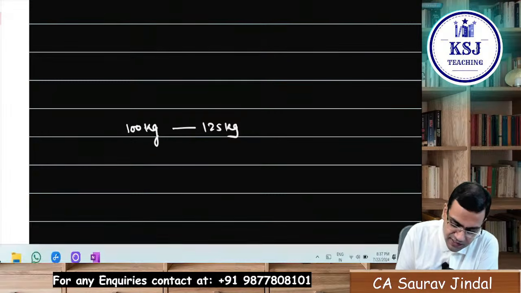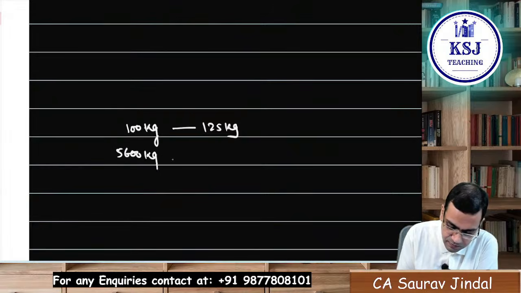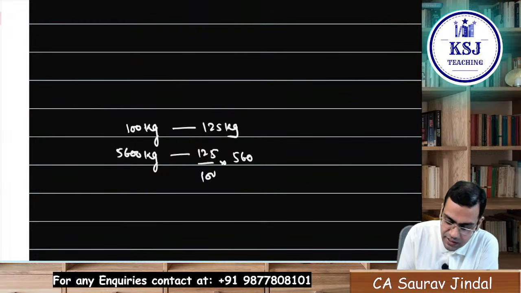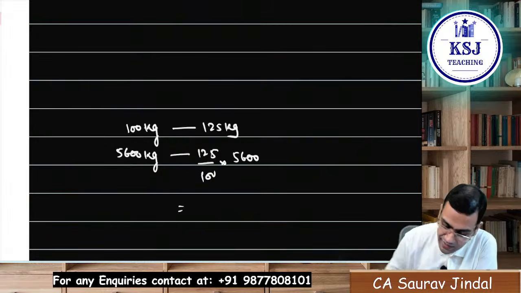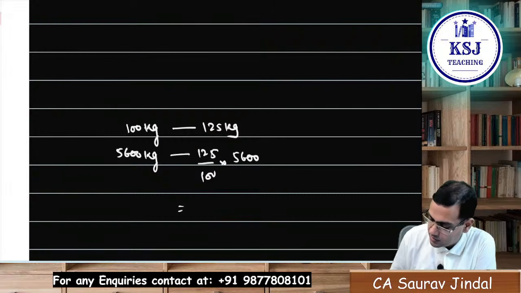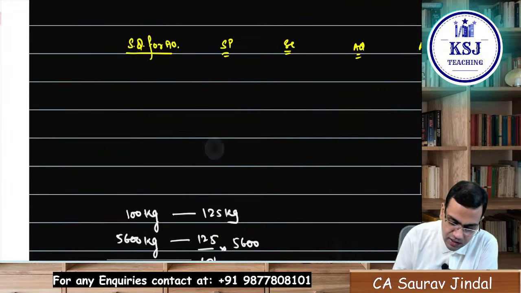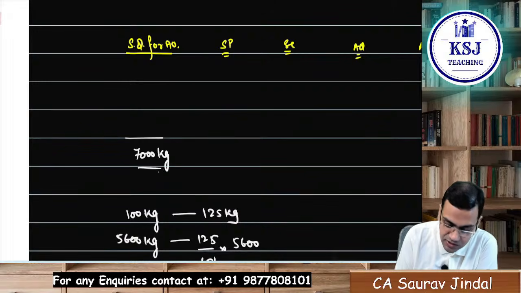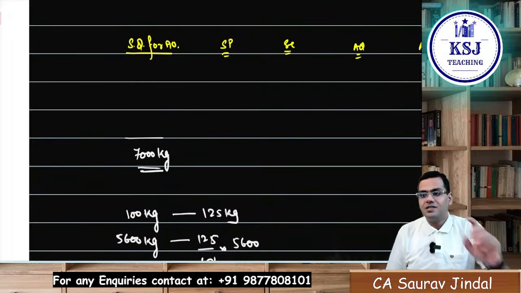So for 5600 kg, how much of the raw material should have been required? 125 divided by 100 multiplied by 5600. Sir, total raw material required was 7000 kg as per the standards.